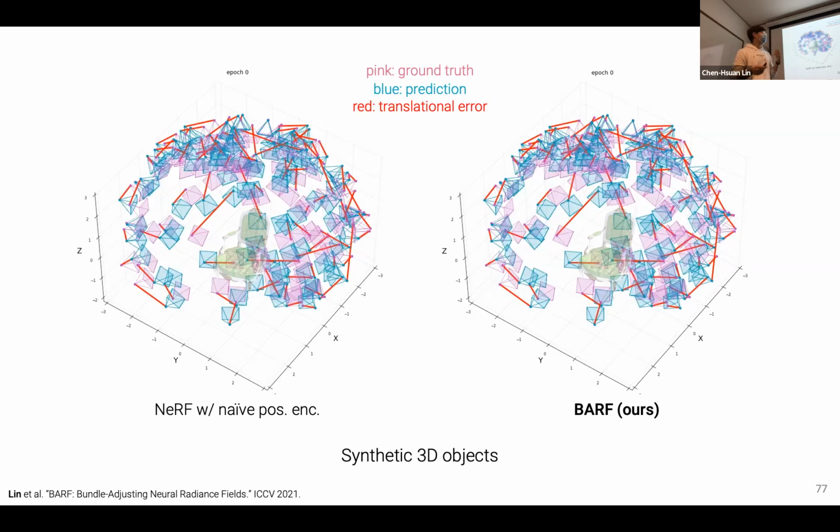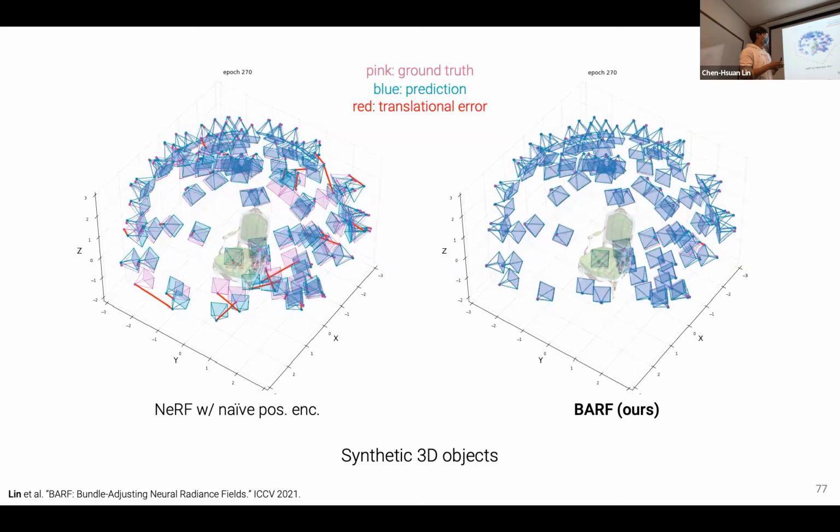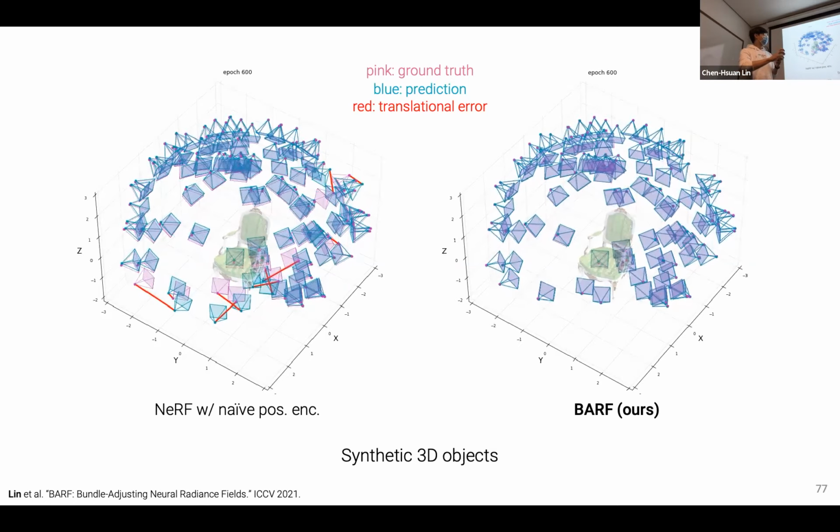The red lines indicate the translational error between the ground truth and the initial cameras. During the optimization process, we can see that BARF is able to discover the corresponding cameras very quickly, and the baseline is having trouble and gets stuck in local suboptimal solutions.